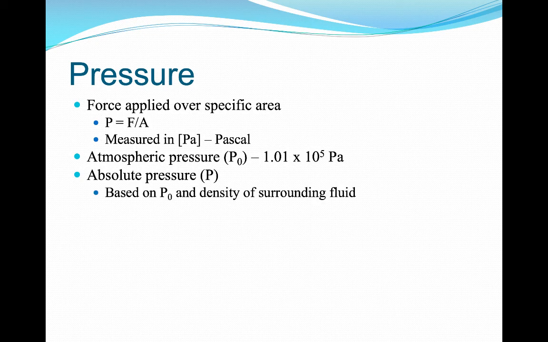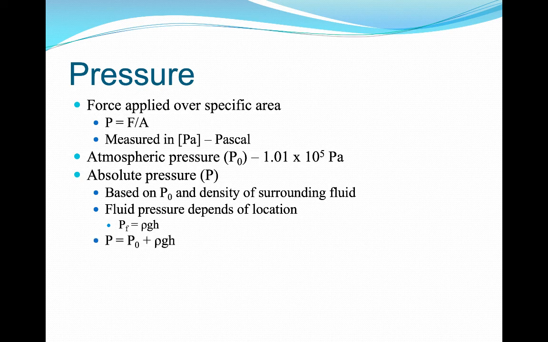Absolute pressure is based on the atmospheric pressure and on the pressure due to the density of the surrounding fluid you happen to be immersed in. Now, that pressure also depends on how deep into the fluid you actually are. And so to figure out how much pressure comes just from the fluid, that's going to depend on your depth inside the fluid. Then, once we know that value, we can determine what the absolute pressure is acting on something.